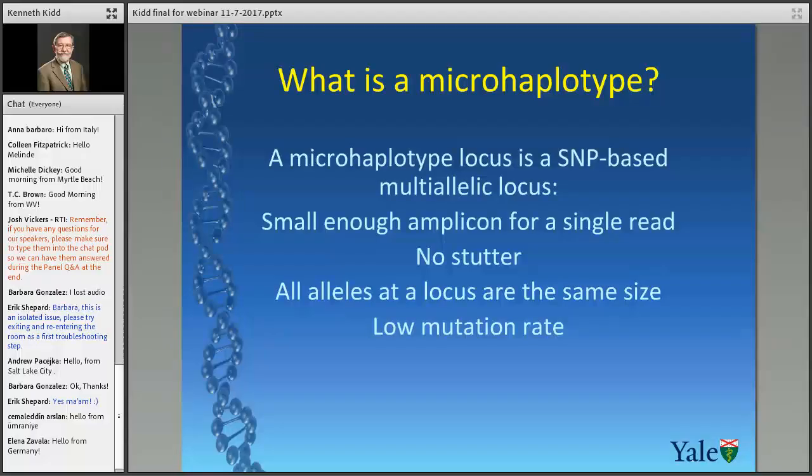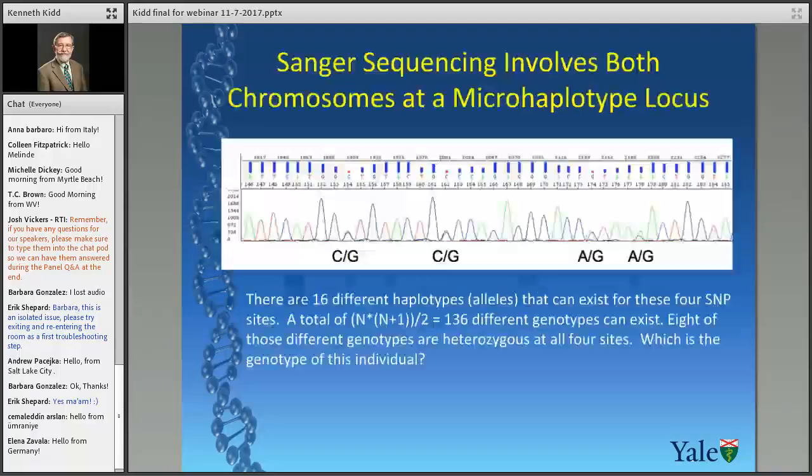So to reprise, a microhap is a SNP-based, multi-allelic locus, with a small enough amplicon for a single read with massively parallel sequencing. No stutter, a common problem with short tandem repeats, even using massively parallel sequencing, and all alleles are the same size, a problem that confounds massively parallel sequencing of STR loci, and there's a very low mutation rate.